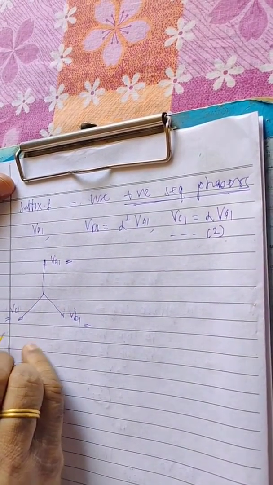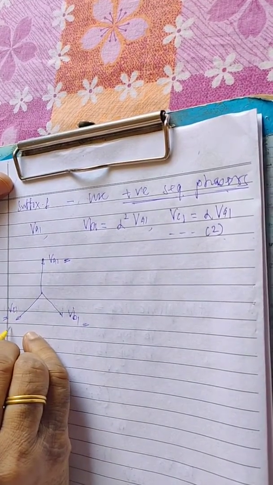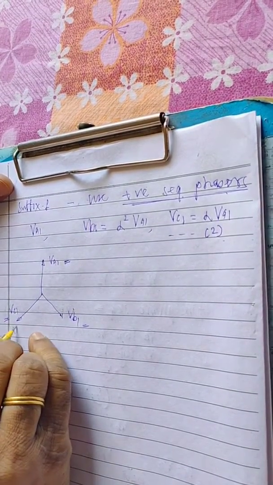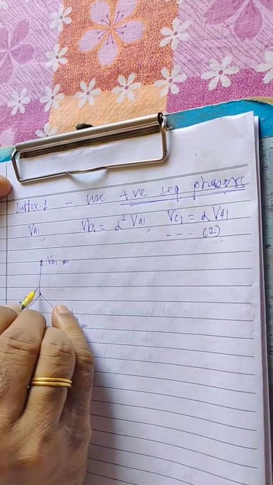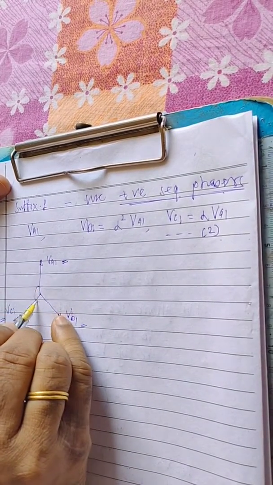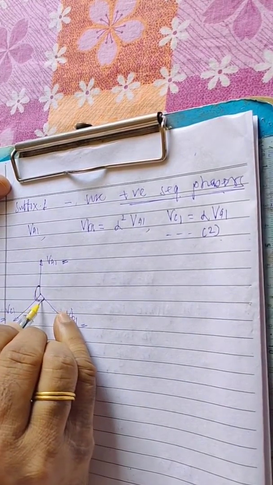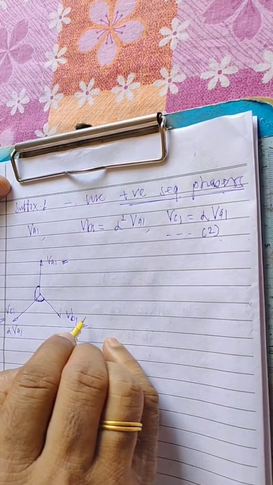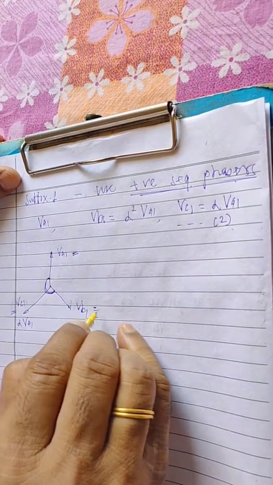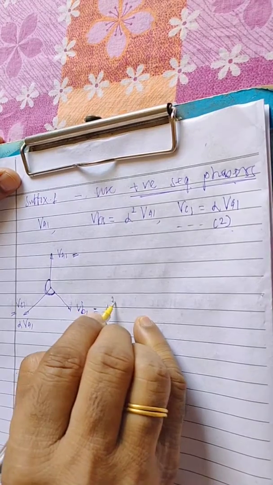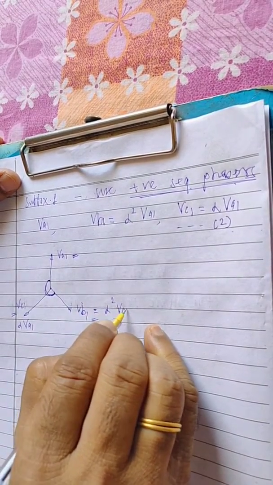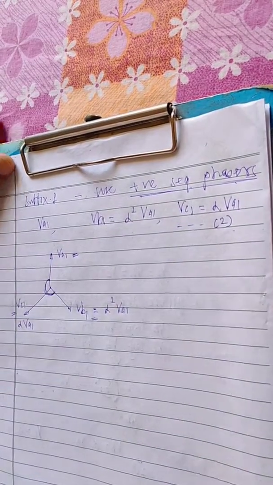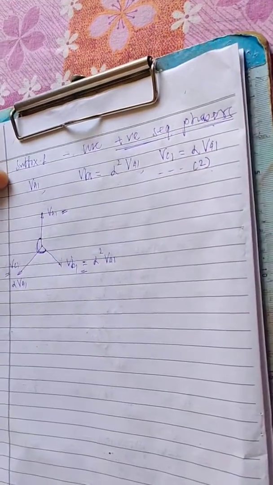So VC1 we can write as alpha VA1, and VB1 as alpha square VA1, with respect to the reference VA1.